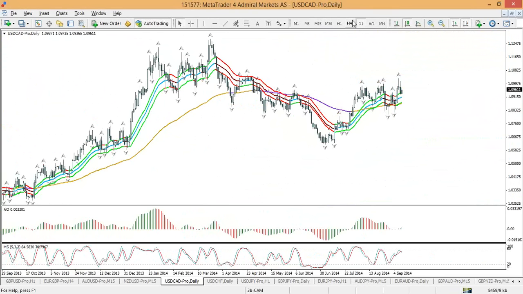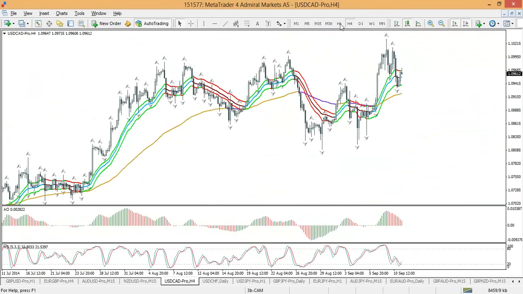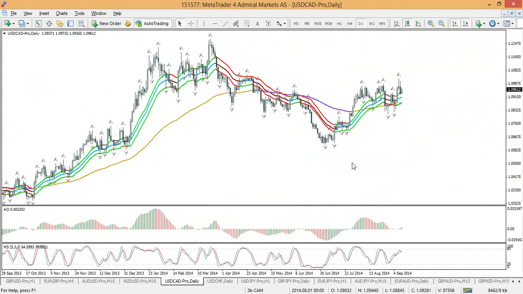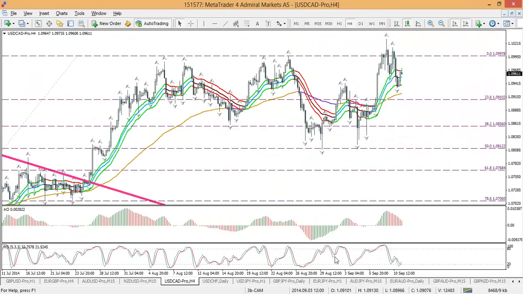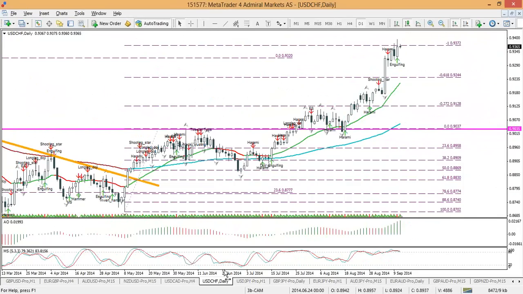The moving averages are too flat, too intertwined, so I wouldn't consider anything here at the moment. From a fib point of view, and from a trend line point of view, it looks like we're breaking out of a trend line and we have hooked back to a 50 fib and bounce. So it looks bullish from a fib point of view, but obviously not getting that confirmation as yet from the moving averages.